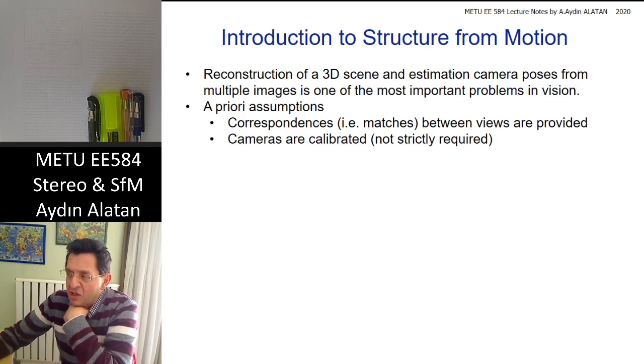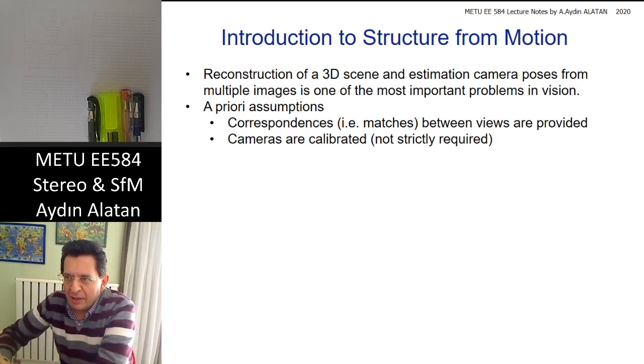In this chapter, I'm going to assume I know the correspondences, except for the stereo part. I assume that I have my SIFT features which are already matched to each other. They are available. And mostly I'm going to assume cameras are calibrated with the techniques that you have seen in homework 3 or in the lecture notes.